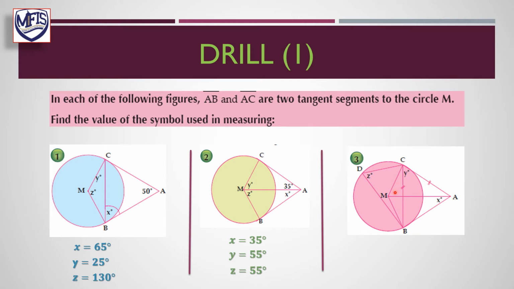Now, measure angle AMC equals measure angle AMB because AM bisects angle CMB. Now, measure angle CMB equals 60 plus 60 equals 120. Then Z equals half of 120 equals 60 degrees. X equals 30 degrees, Y equals 60 degrees, and Z equals 60 degrees.